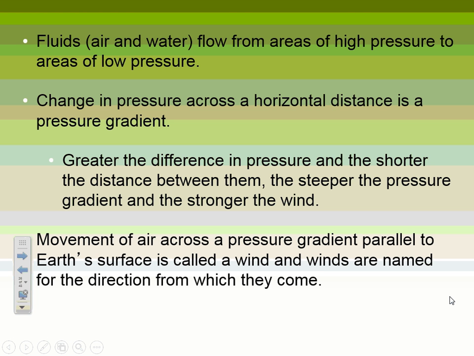That steeper gradient is what creates strong currents and wind. The movement of air across a pressure gradient parallel to our surface is called wind. Winds are generally named for the direction that they come from. So when you hear the word nor'easter, which we had a couple of weeks ago, that air is coming from the northeast and wrapping around, moving south.